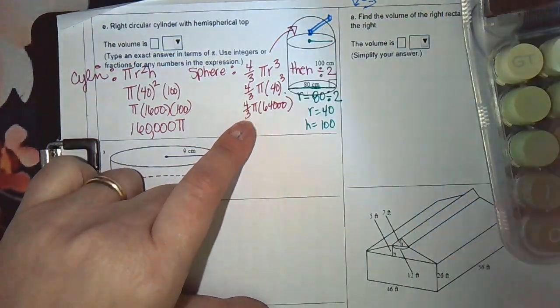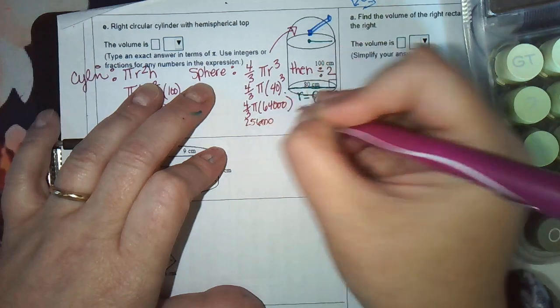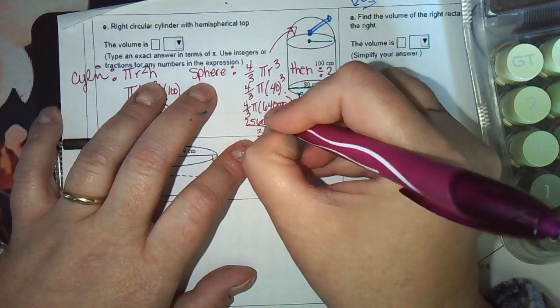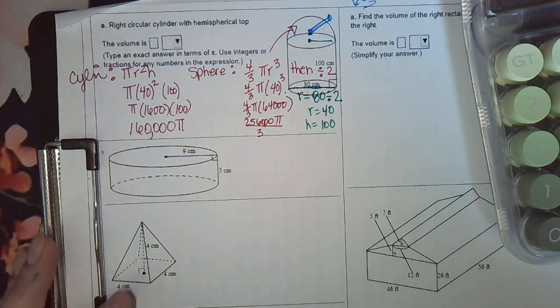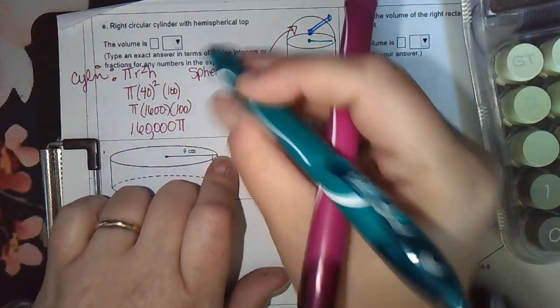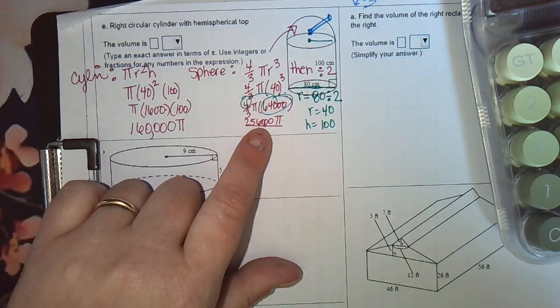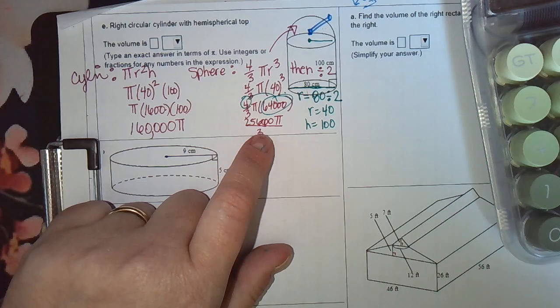That's 256,000, all over 3, with a pi. Then I wrote down the 3.